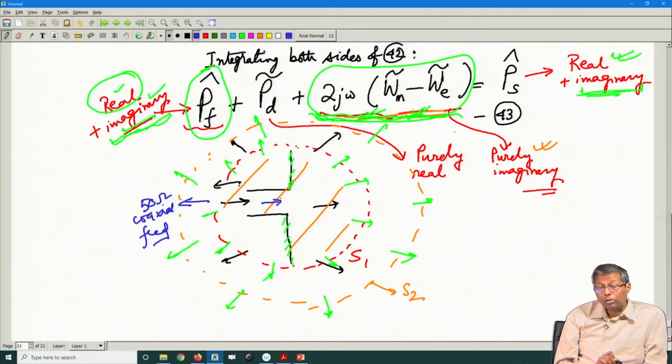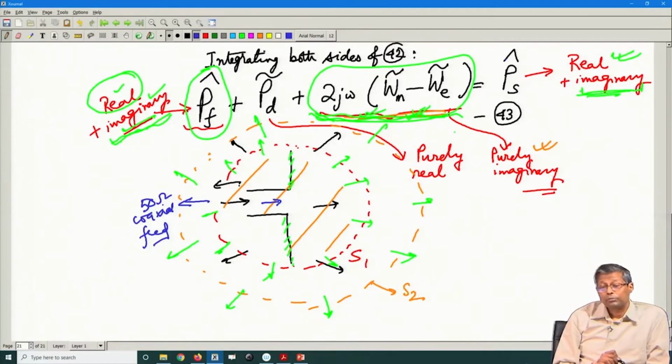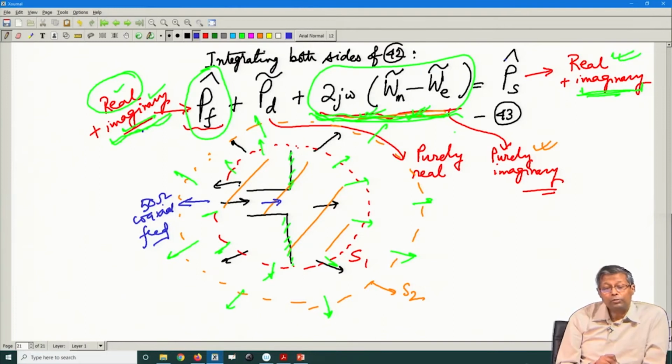So, it must be remembered that the reactive part of the power supplied is the same as the stored energy part plus the imaginary part of the power flow, that is contributing to the reactance of the system, and this has to be cancelled in order for this dipole to be matched.